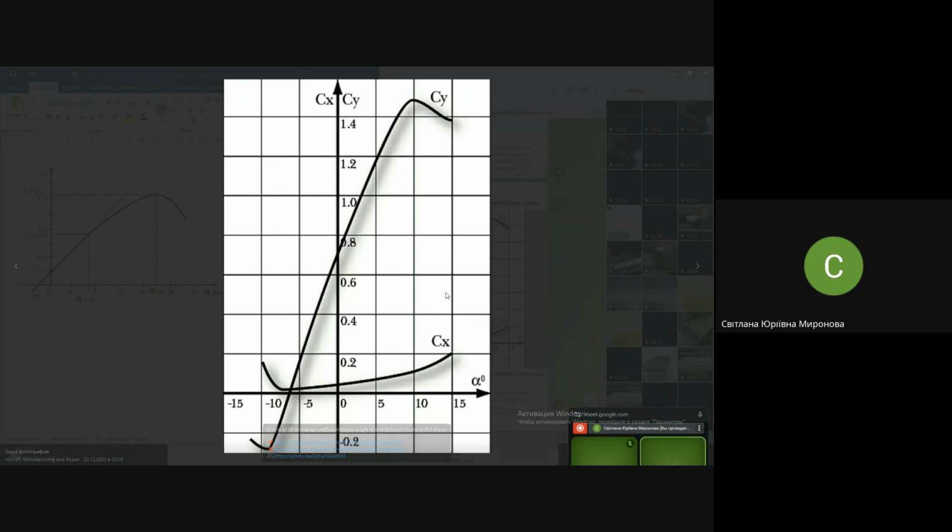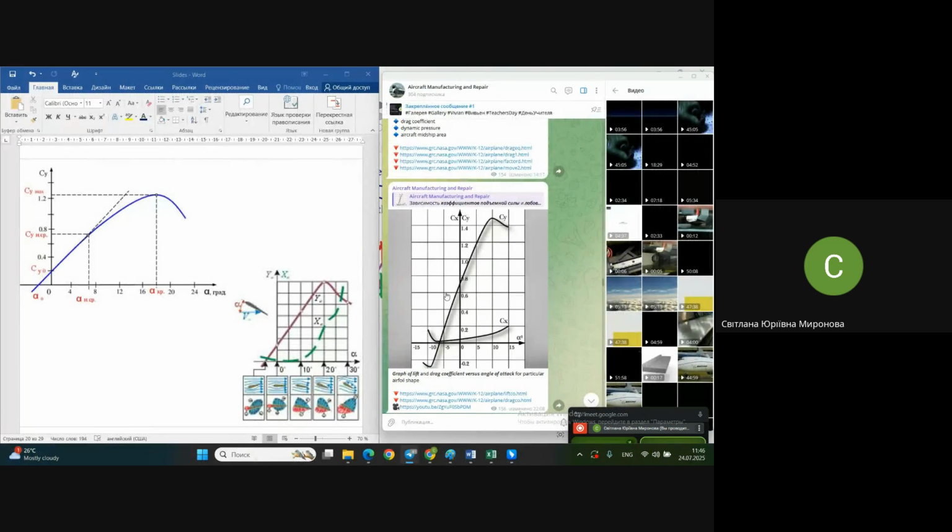But the truth is that the coefficient of drag depends significantly not only on the angle of attack. I'm not talking now about real sizes of the airplane, about something else, but drag is considered as consisting of some different kinds of drag.